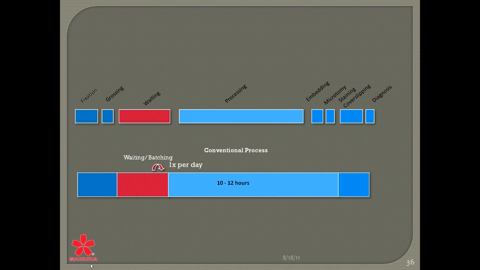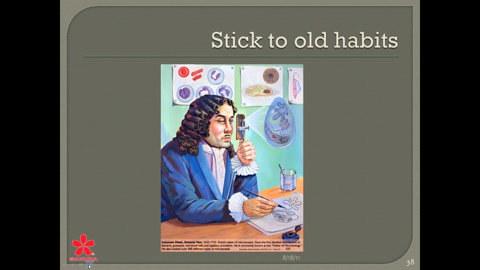So if you want to make some improvements, and you see the process is about 10 to 12 hours, I always said, well, you need a little bit of an old-fashioned way, like we have with a rotary processor. I know some guys still using them, and they're really working fine, but yeah. What I always say is, do you really want to stick to these old habits?